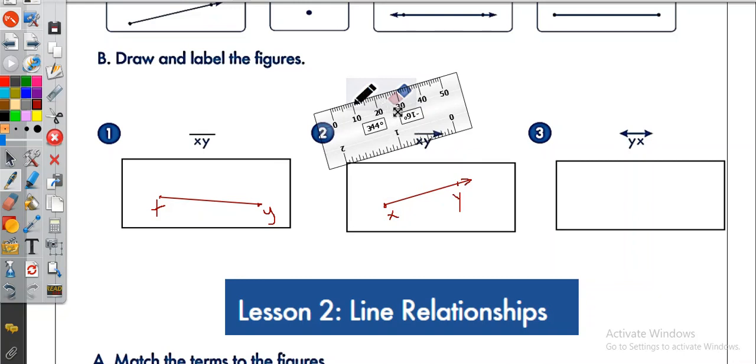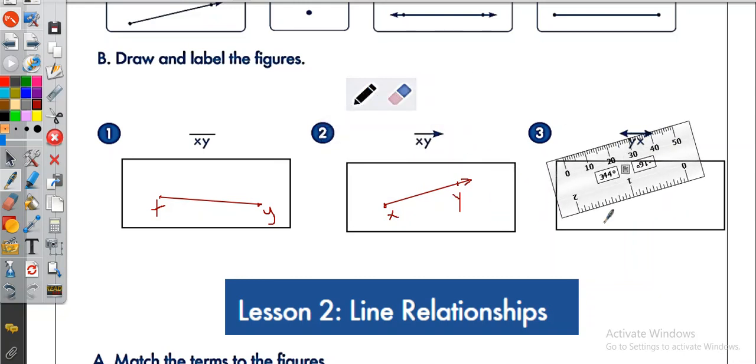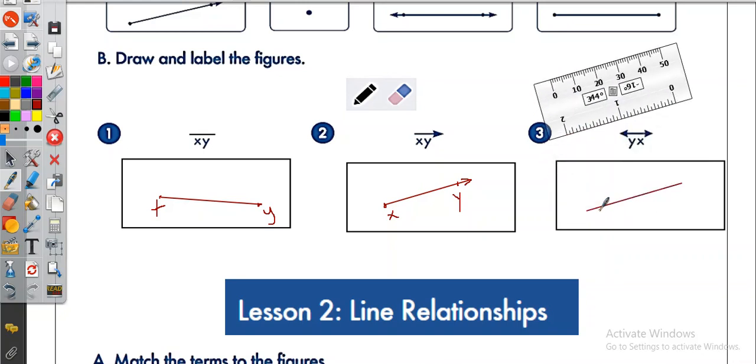Finally, we need to draw XY or YX, never mind. Draw a line, remove it, label it X and Y. So this is how to draw the lines. Remember where is the end point and the start point, and you have to use the ruler.